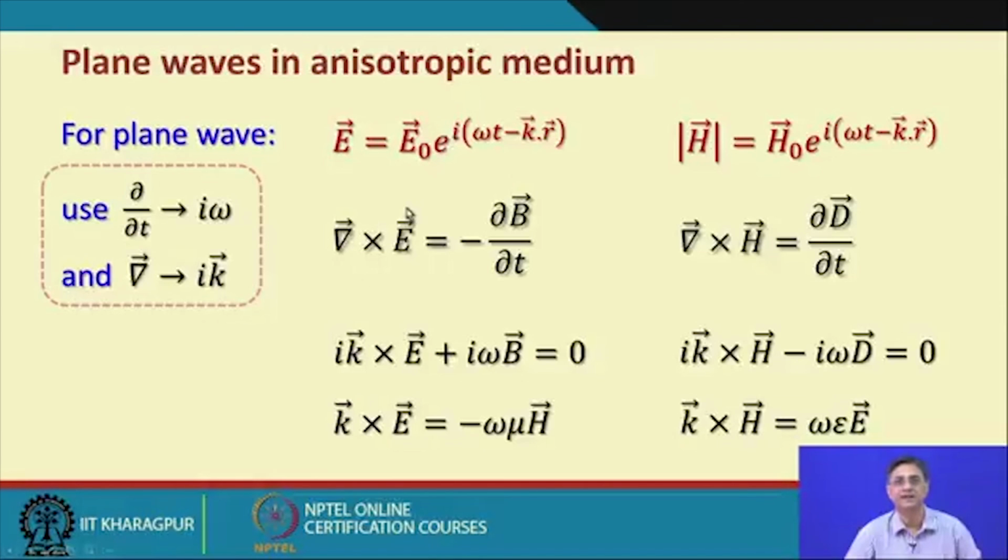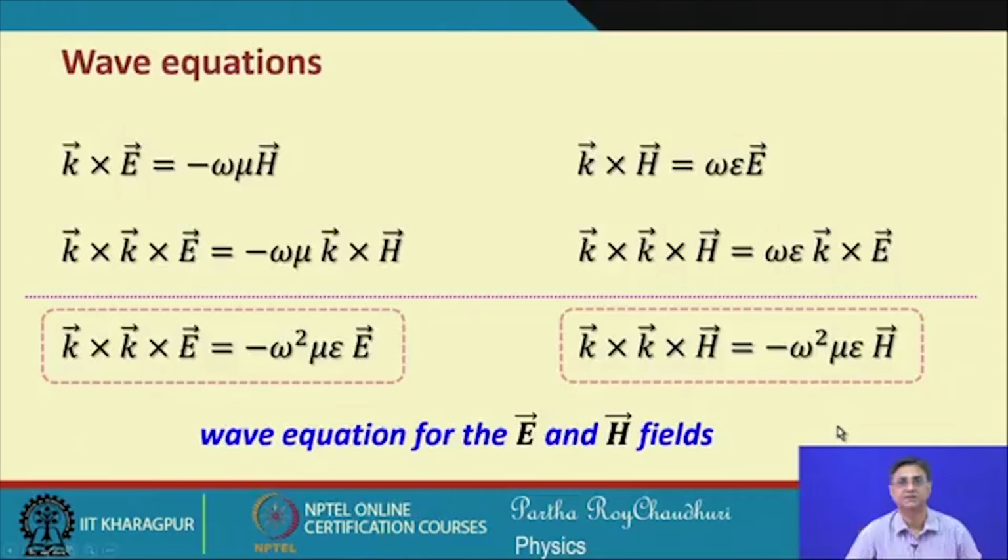So, we can write the first equation, which will give you i k cross E. This we have seen earlier, and we will see it again in detail, and i omega B. From the other equation we can write that k cross H equal to omega epsilon E, where epsilon, in the case of an anisotropic medium, is a tensor.